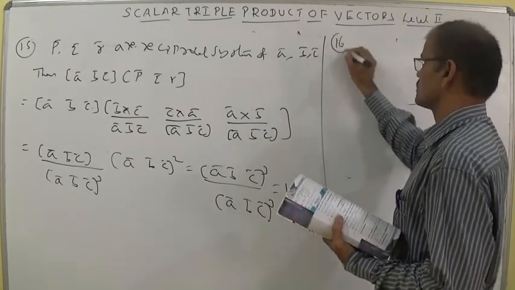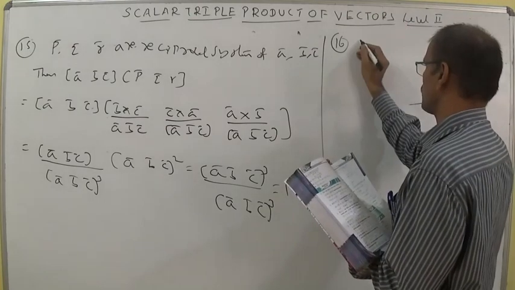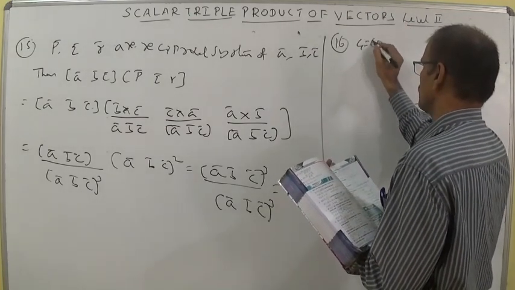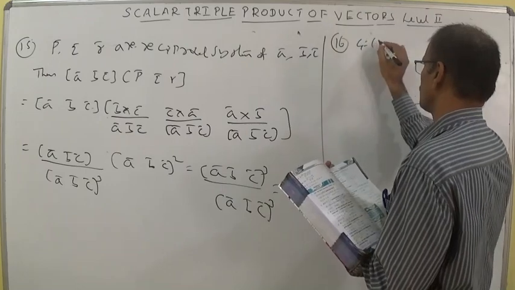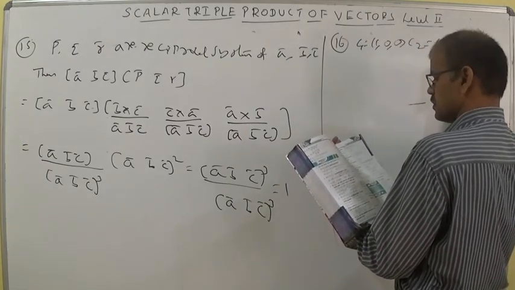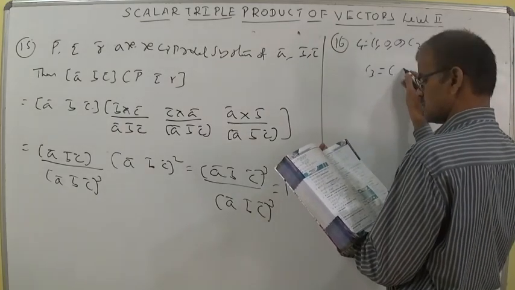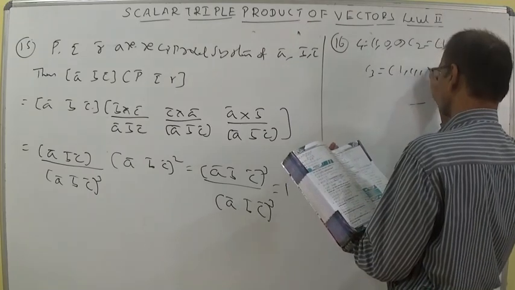Next, 16th question. Let C1 equal to 1 comma 0 comma 0, C2 is equal to 1 comma 1 comma 0, C3 is equal to 1 comma 1 comma 1.